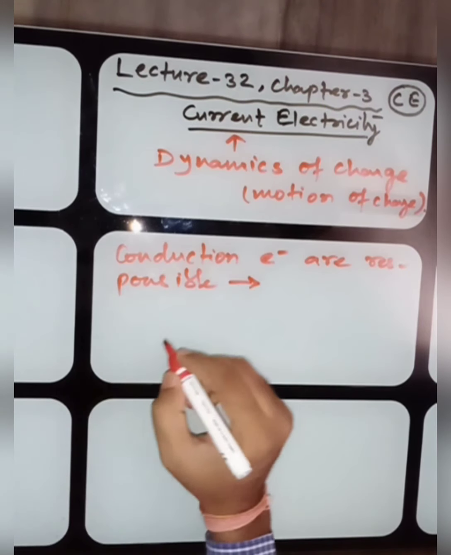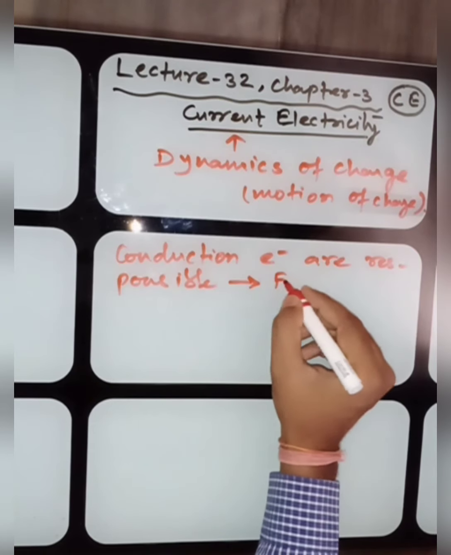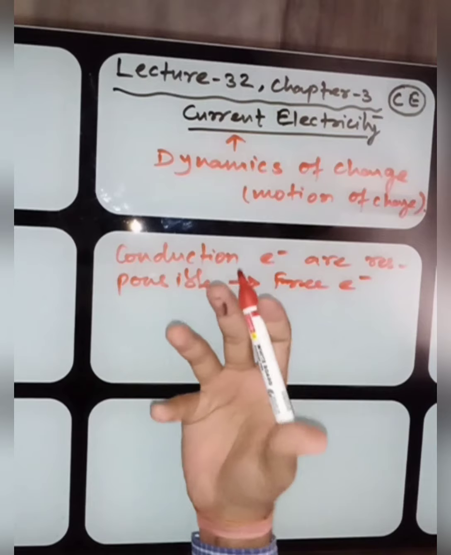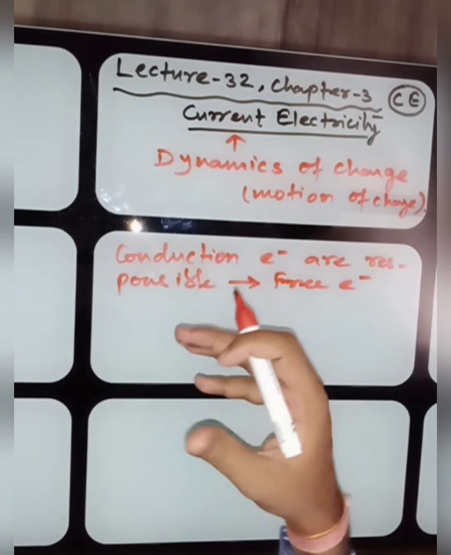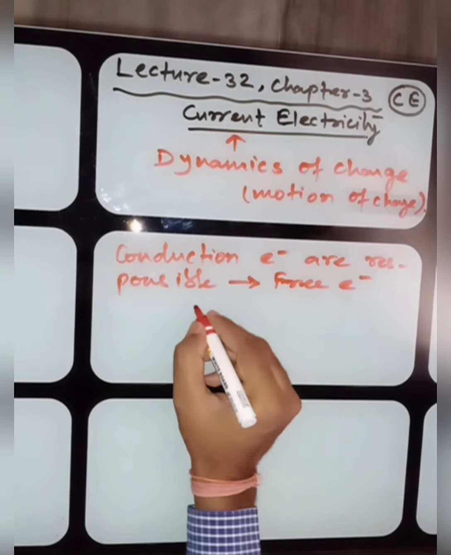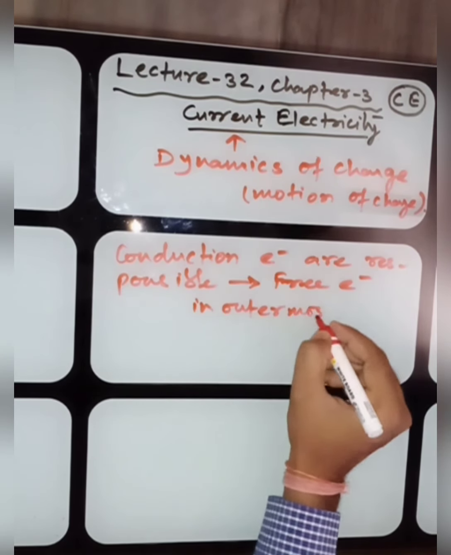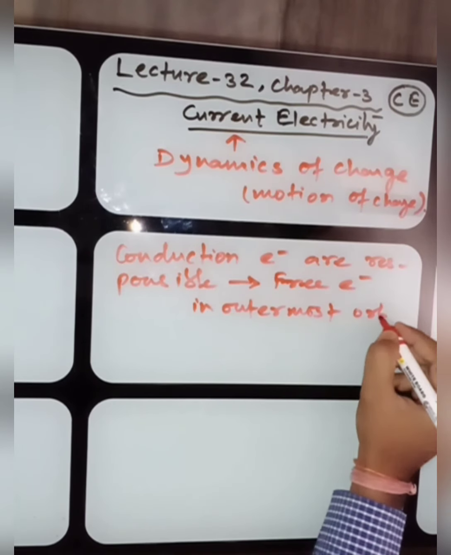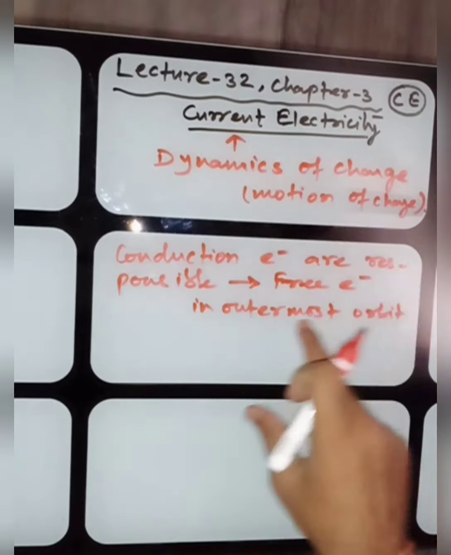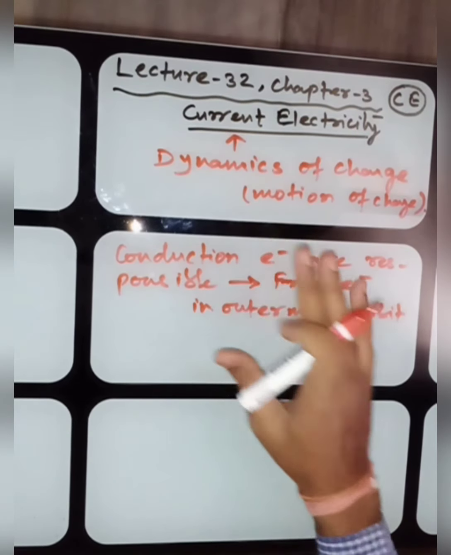It means the electrons which are free, free electrons in the outermost orbit of any atom. Those electrons are responsible for the electric current.